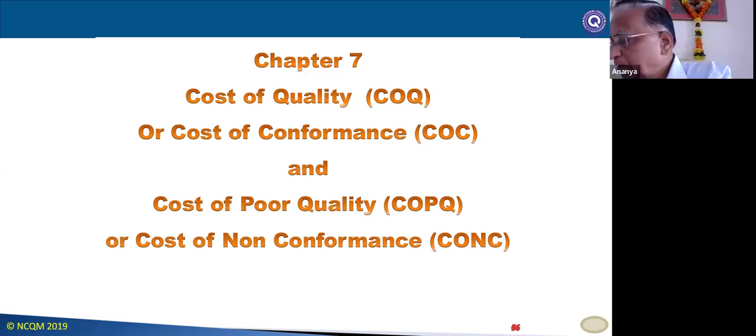very important, we have been talking about cost of quality or cost of conformance or cost of poor quality or cost of non-conformance.